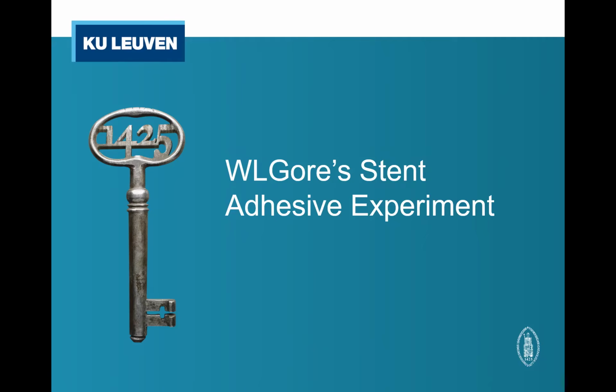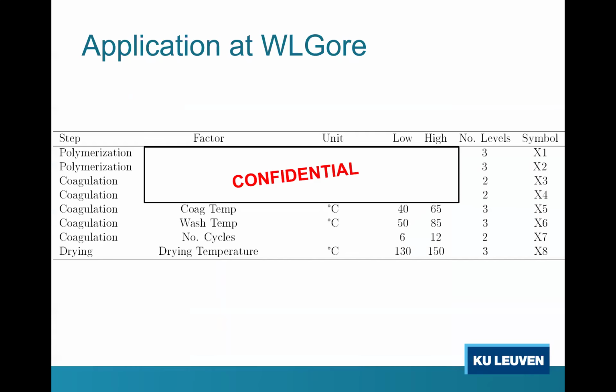So W.L. Gore also had that incentive to use small experiments such as these. And within W.L. Gore, this is the evangelist for OMARS designs. That's Maria Lanzerat. She's been using several OMARS designs already.